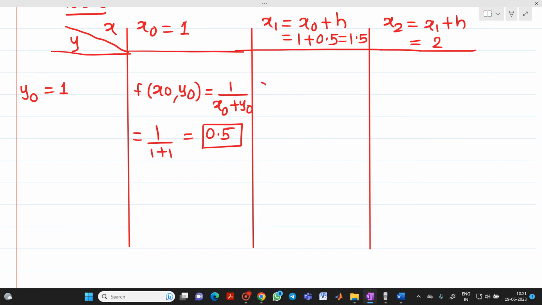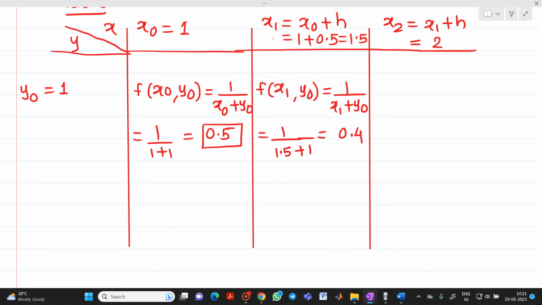Next will be f of x equal to x1, y equal to y0. If you put it in the function, x1 plus y0, you will get the answer as 1 upon 1.5 plus 1, which will be equal to 0.4.